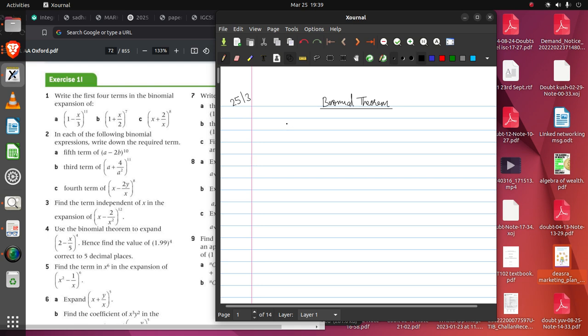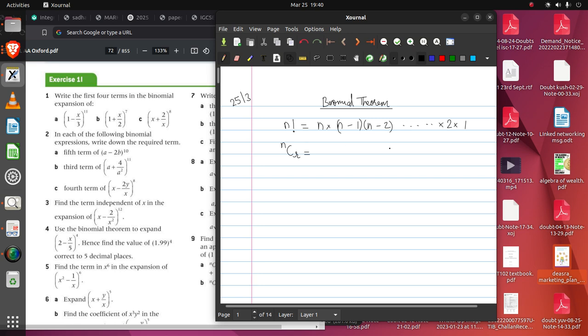For example, I know what n factorial is, right? It's n into n minus 1 into n minus 2, until the number 1. Similarly, we know what NCR is.